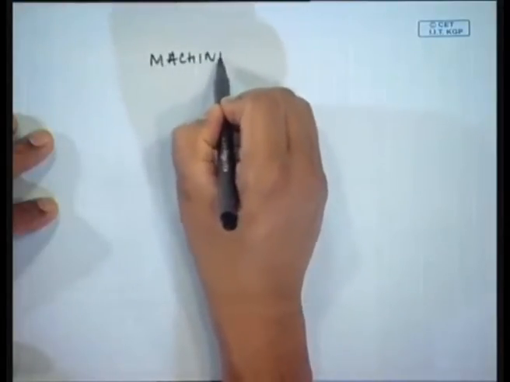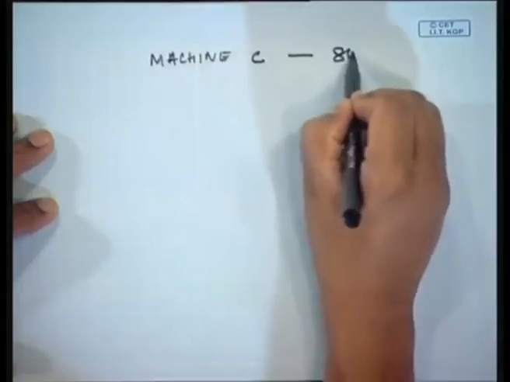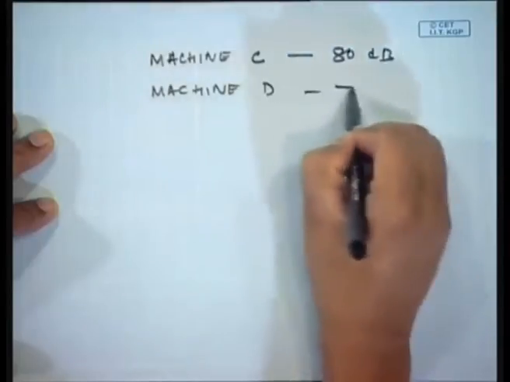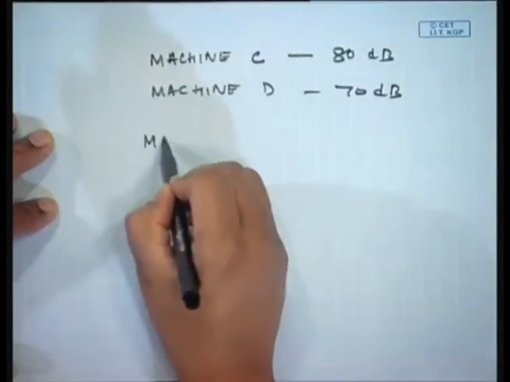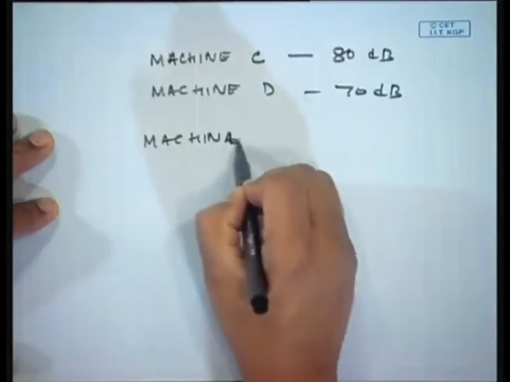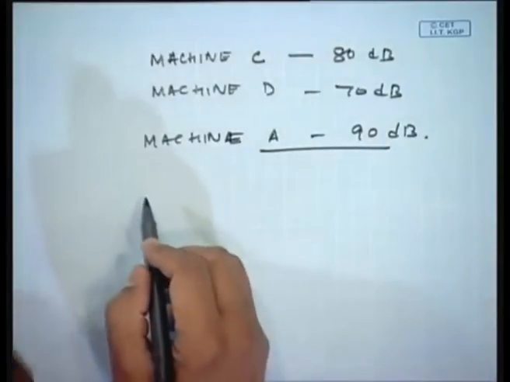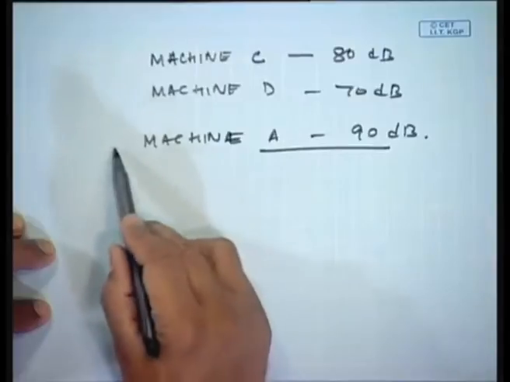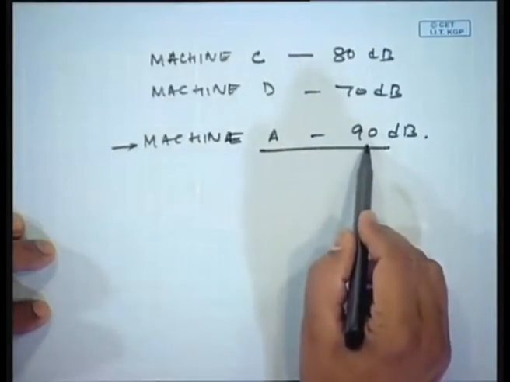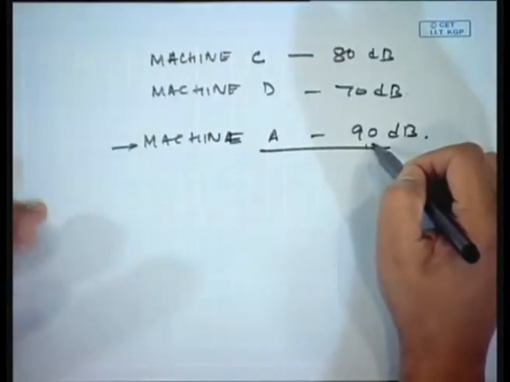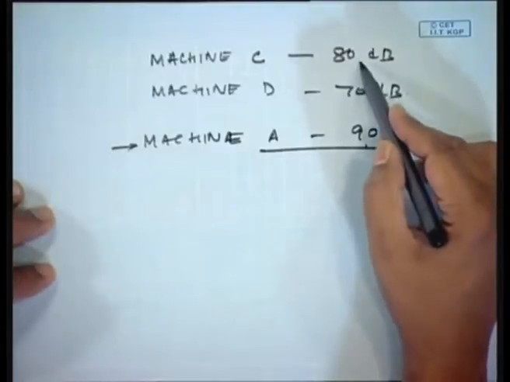Now, you would have seen from this logarithm scale, if one machine C generated 80 decibel, machine D generated 70 decibel and machine A generated 90 decibel, the presence of the machine A is so loud, that is 90 decibel, the presence of 70 would only raise it by 90 point some small fraction, same is true about 80 decibels.